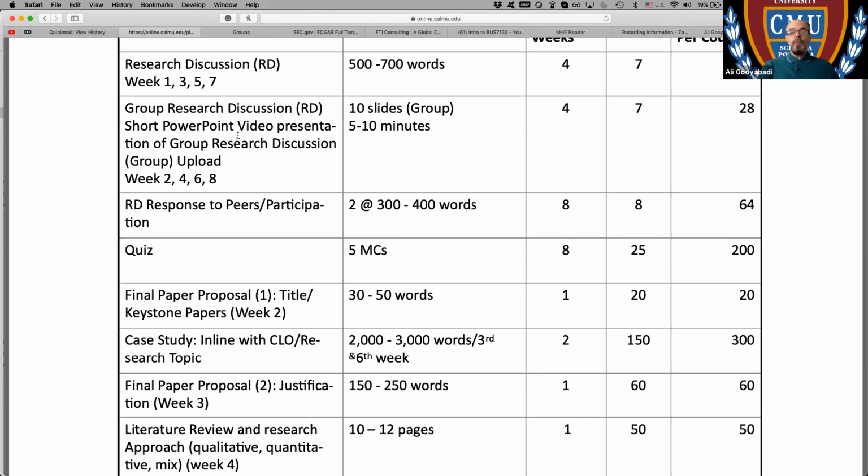Now, this group work, both on a research discussion as well as on your case study, is going to get you familiar with your other students and get you going, because it's very interesting for you to hear it from other people's perspective.